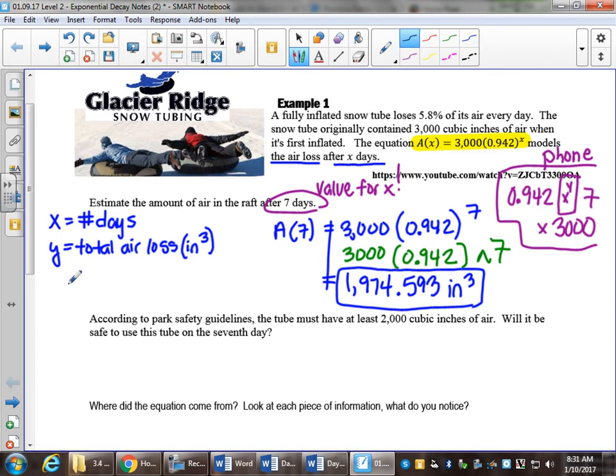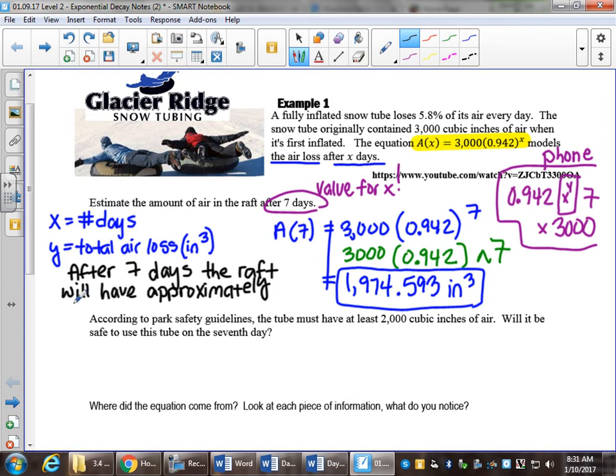So we will write, after 7 days, the raft will have approximately this answer, 1,974.593 cubic inches, inches cubed, of air left.